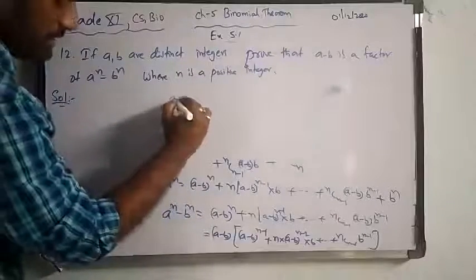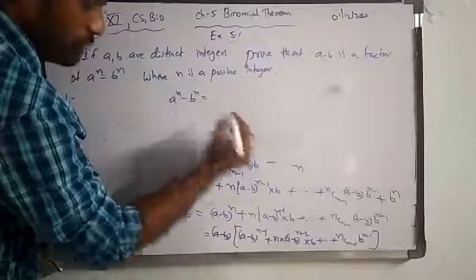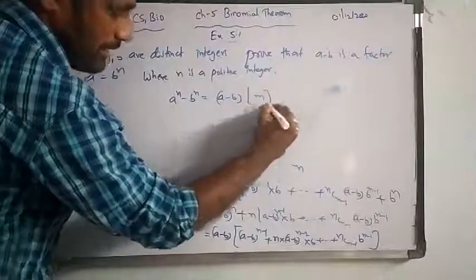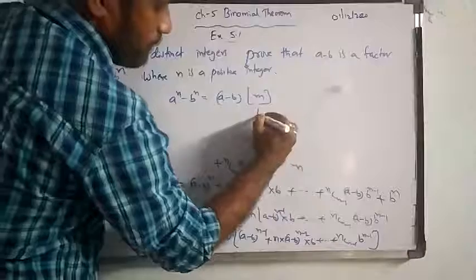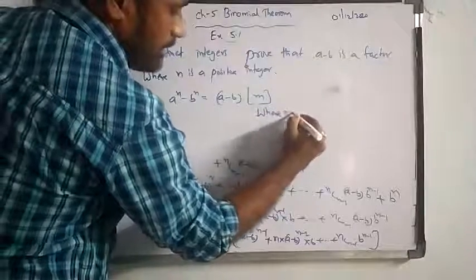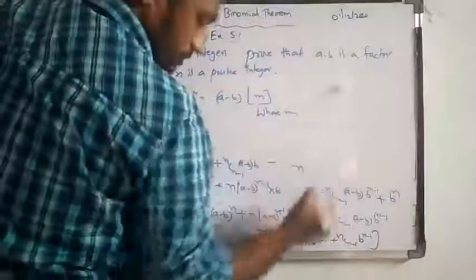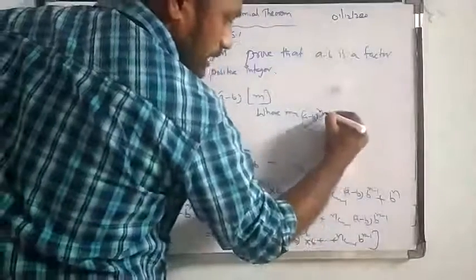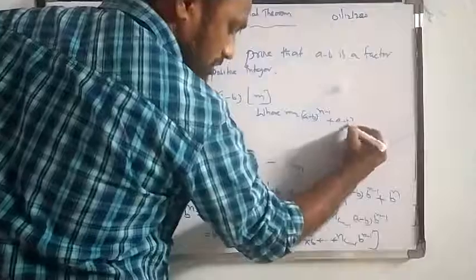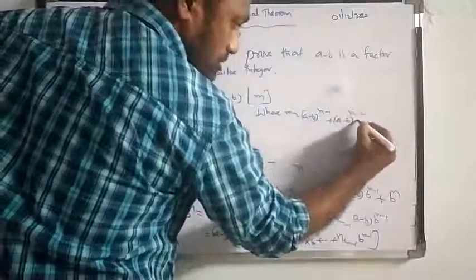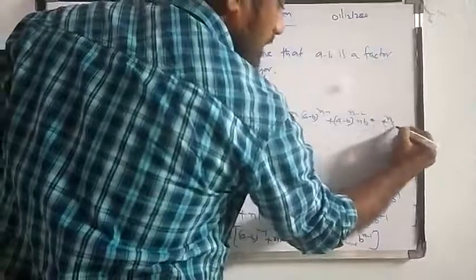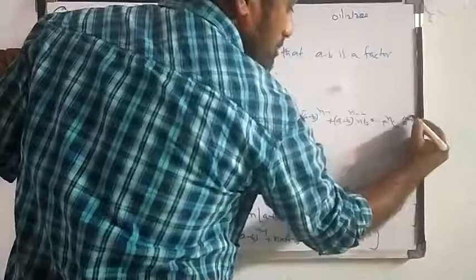So that can be written as a to the power of n minus b to the power of n is equal to (a minus b) into some multiple m, where m is equal to (a minus b) whole to the power of n minus 1 plus (a minus b) whole to the power of n minus 2 into nb plus and so on plus nC(n minus 1) b to the power of n minus 1.